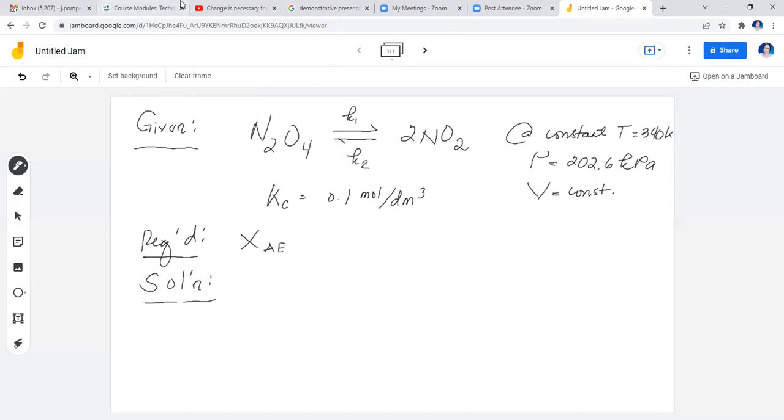What will you do? If I will ask you, Drexel, what will you do? Aina, what will you do in this case? You are after the equilibrium conversion.